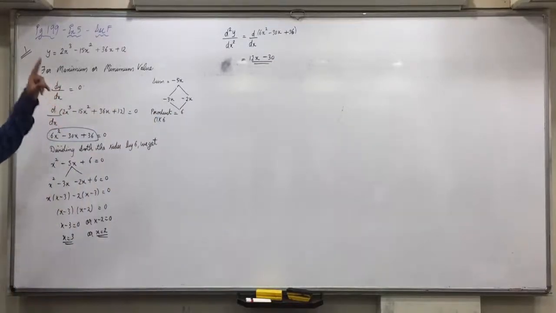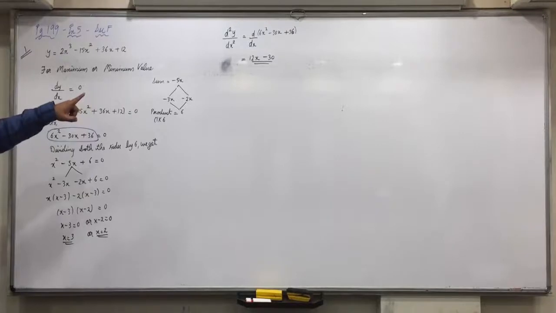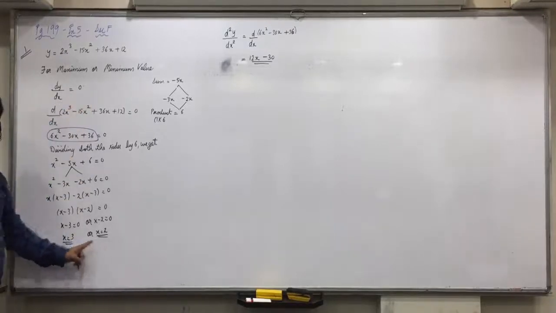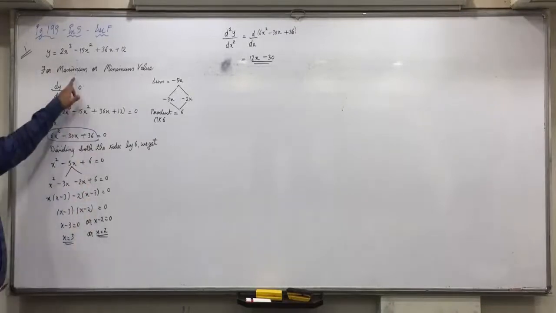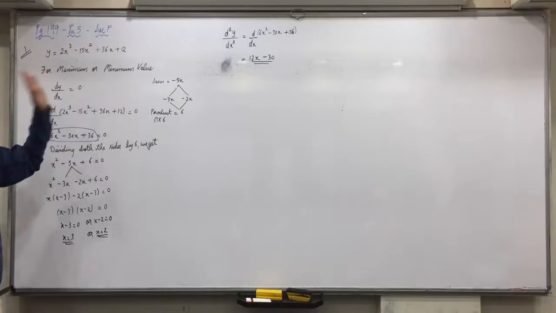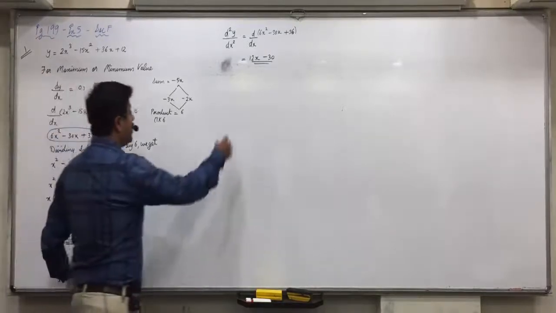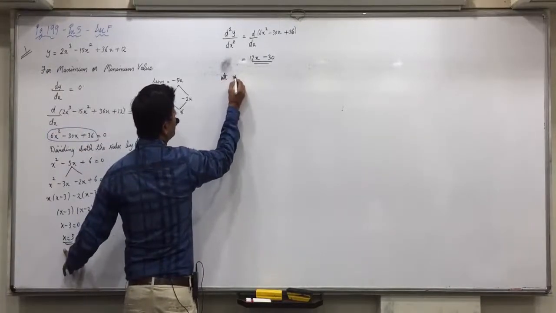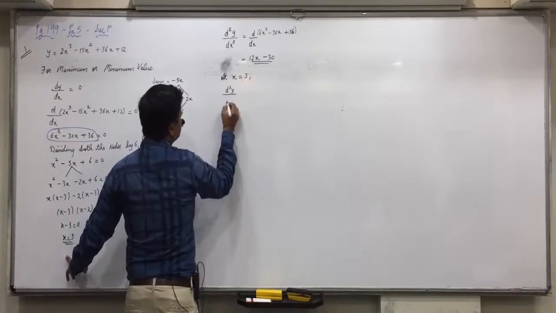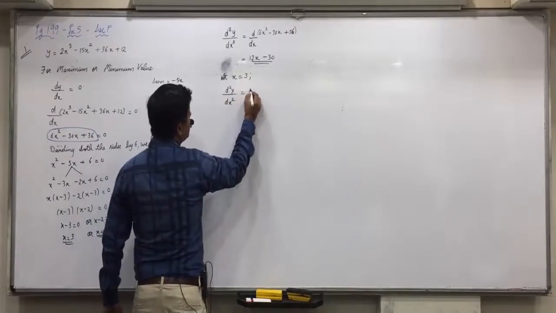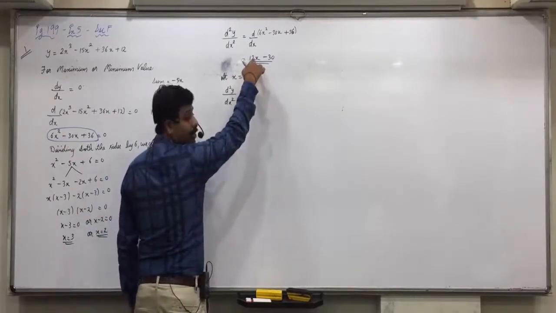Now, in this function, d square y upon dx square, we'll put these two values. Wherever it comes negative, there it is maximum. And wherever it comes positive, there it is minimum. So first we try with 3. At x equals 3, d square y upon dx square, in place of x we will put 3.